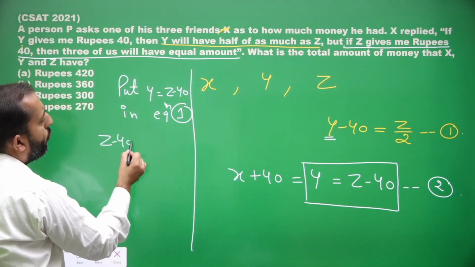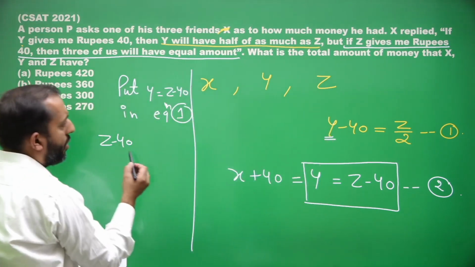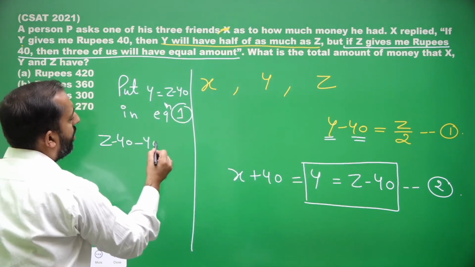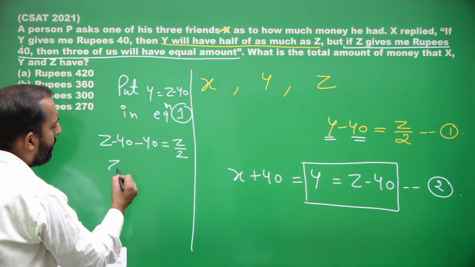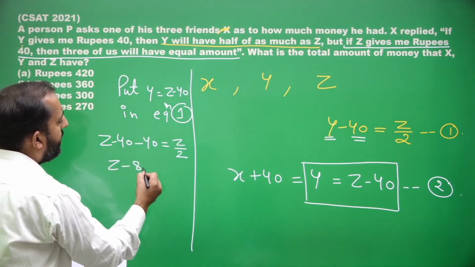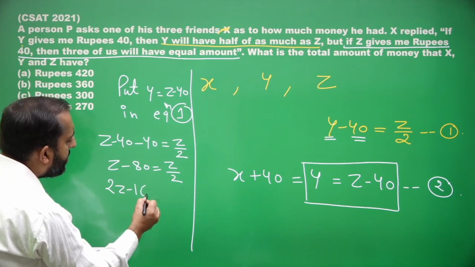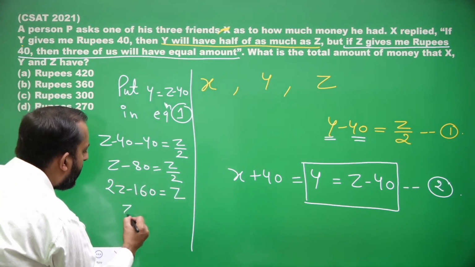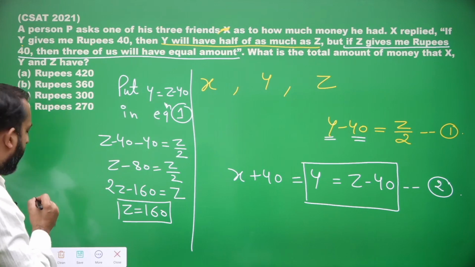So the equation will become, in place of Y, Z minus 40, and this negative 40 extra, equal to Z upon 2. Solving this, it becomes Z minus 80 equal to Z upon 2, which means 2Z minus 160 is equal to Z only, and solving this further, Z will become 160 finally.